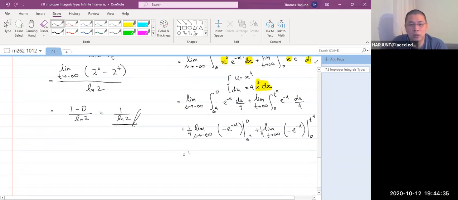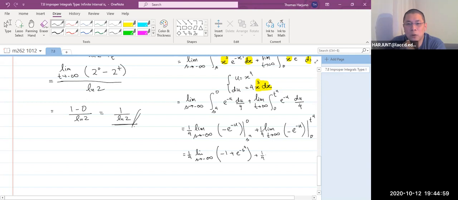This will be 1/4 limit s going to negative infinity, negative 1 plus e to the negative s to the fourth. Correct?